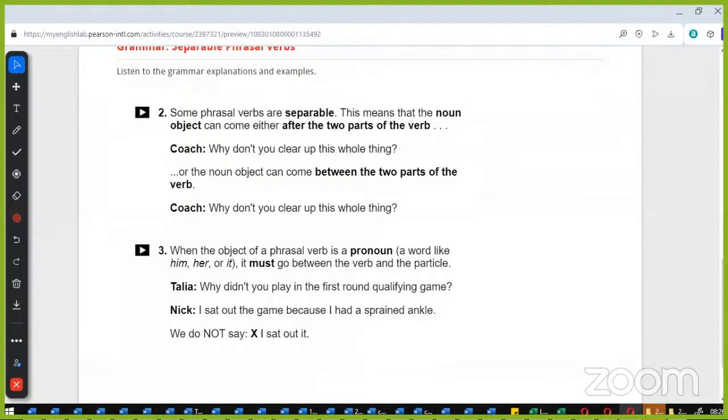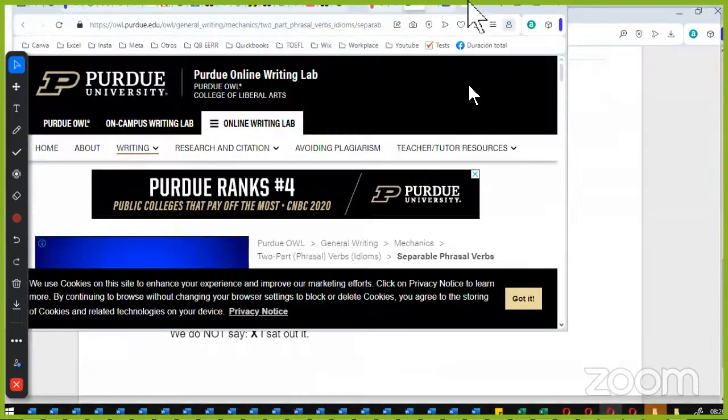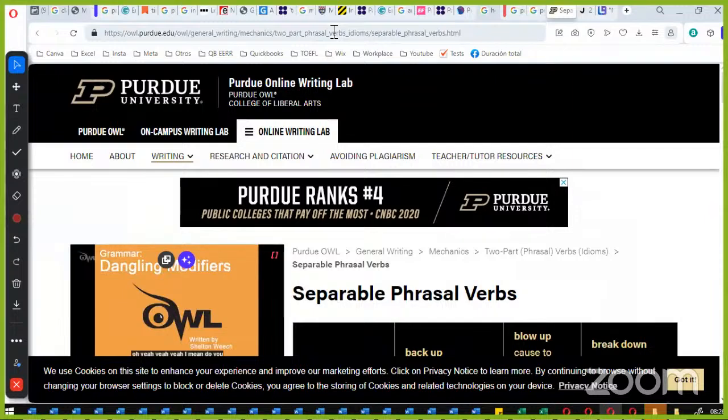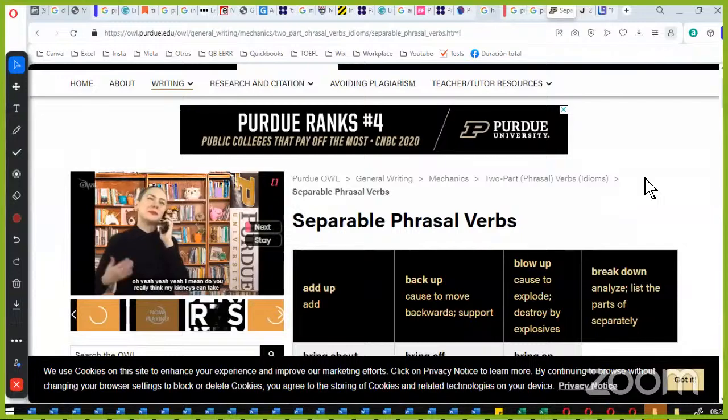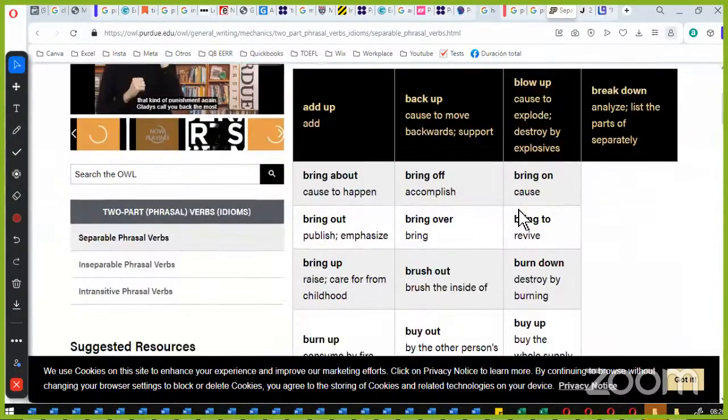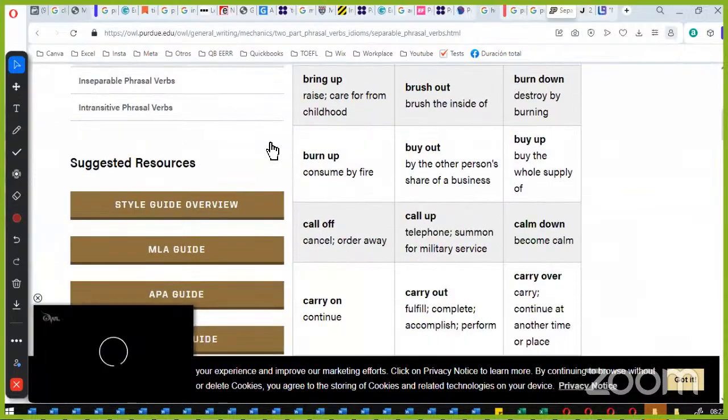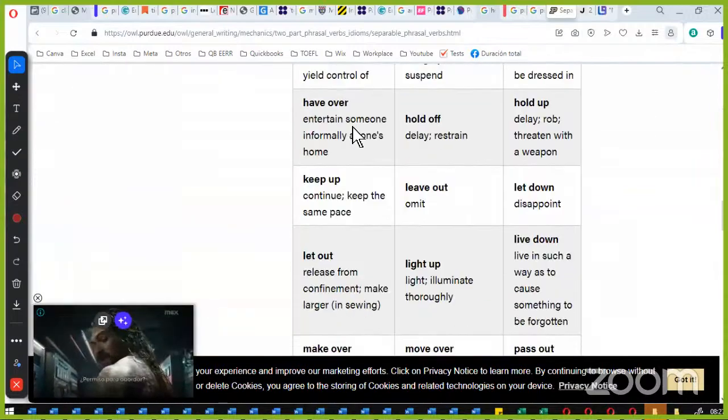But the ones that are most common, here I have a link, and I'll send you these, the most common separable phrasal verbs. Okay, so here you have the most common ones. Here's a good amount of phrasal verbs.